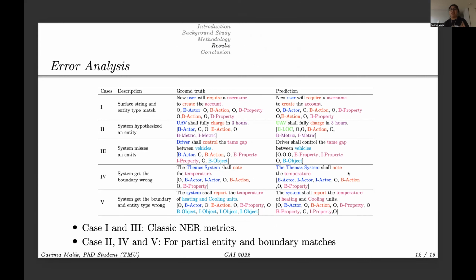Back in 2013, in the semantic evaluation conference, they introduced some error metrics, and we used the same error metrics to do the error analysis of our model predictions.